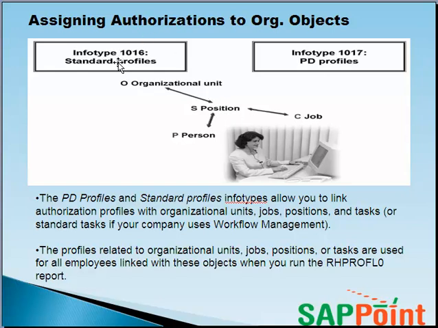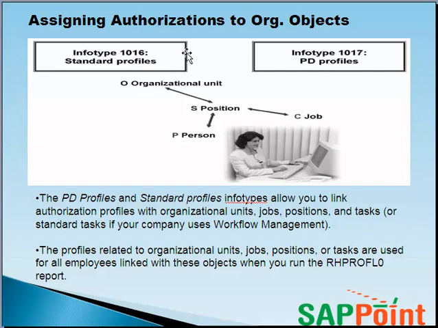Now, the standard profiles, that is info type 1016, enables you to assign a manually created authorization profile to an org unit or a job or a position. Now, a manually created profile is something that you create using the transaction SU02.